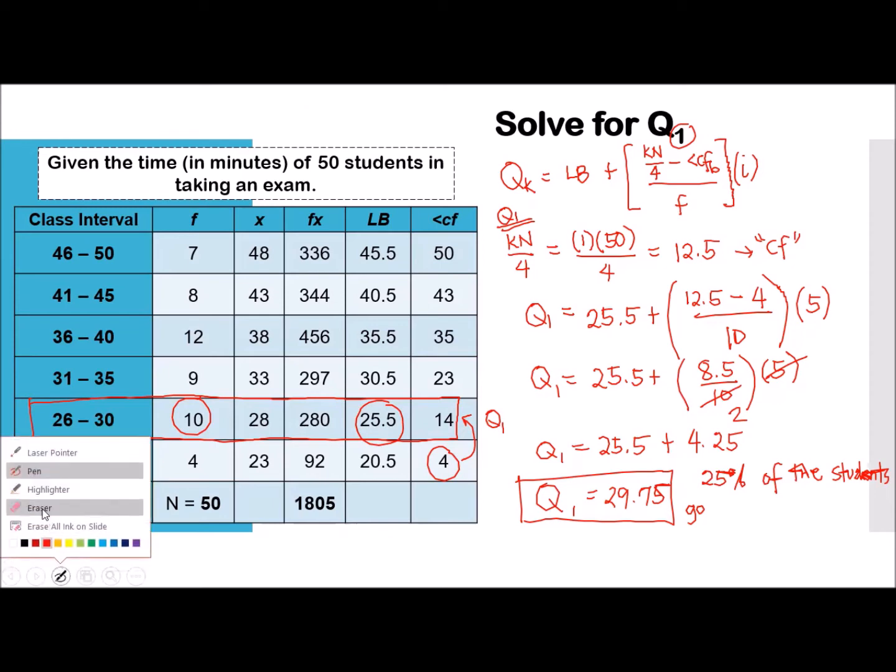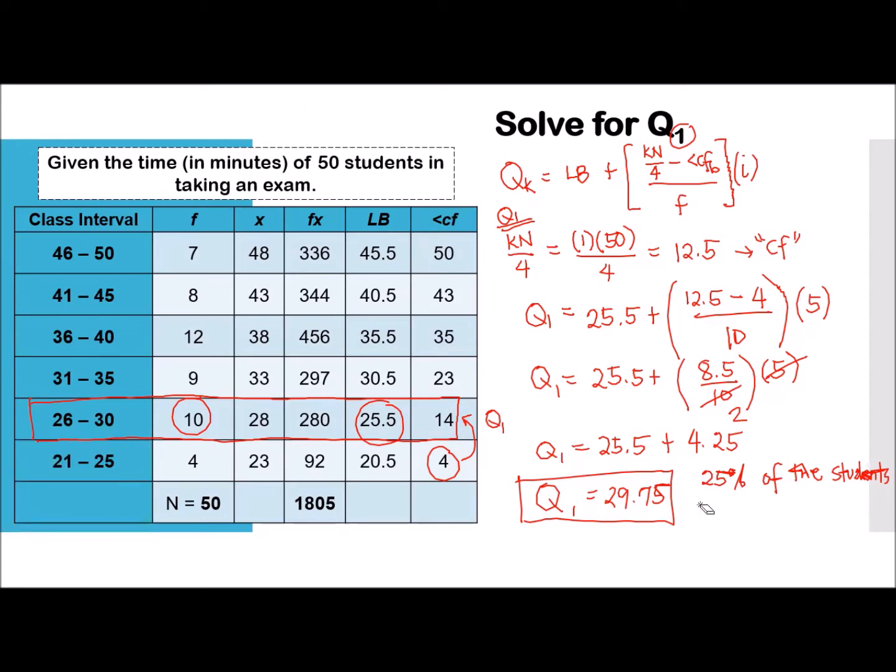Yung minutes. So, hindi natin pwedeng gamitin yan. So, we should have 25% of the students took the exam for 29.75 minutes or below.